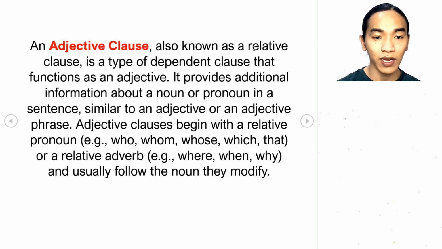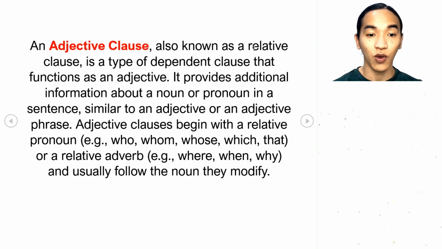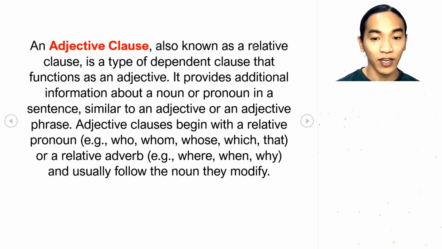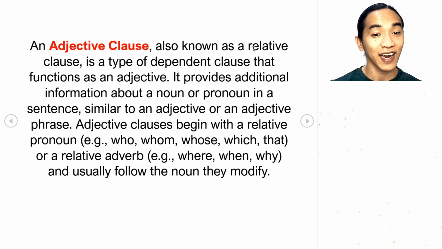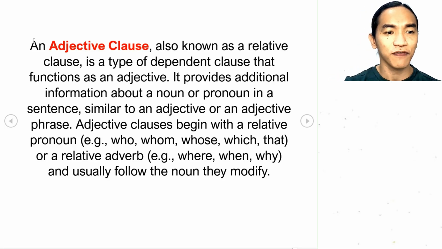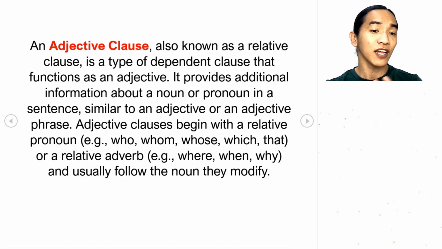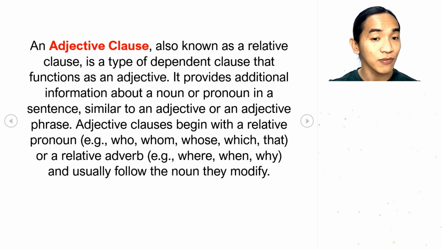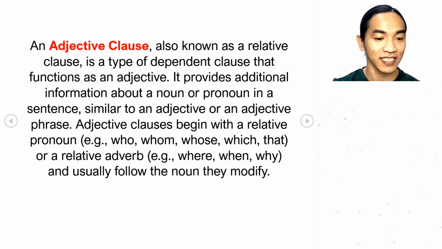Usually, they start with relative pronouns and relative adverbs. They are like complete sentences that add information or additional details to the nouns that they describe. Let's understand it more by checking our exercises here.